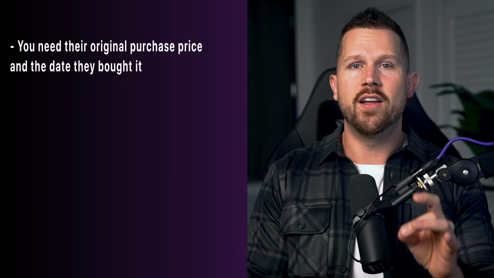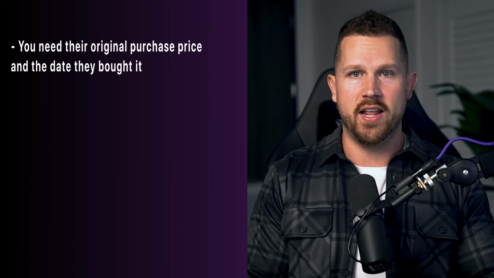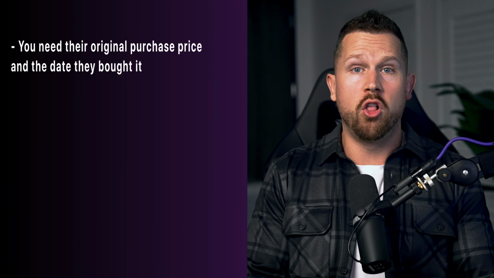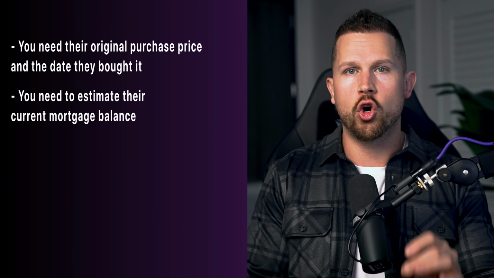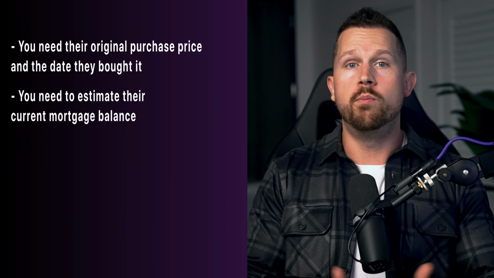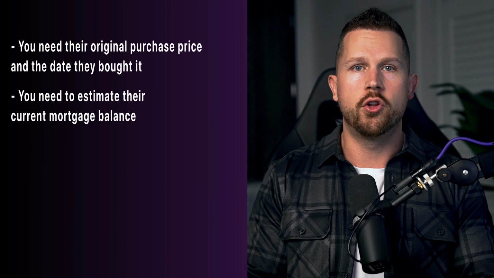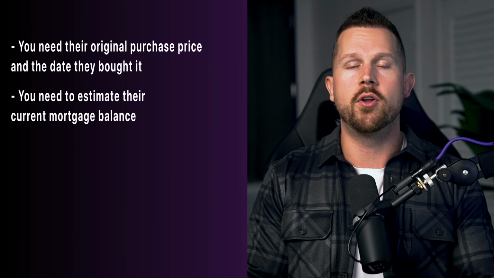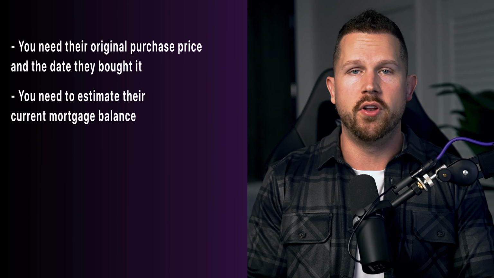And so here's what we're gathering. First, you need their original purchase price and the date they bought it. You already have this from the closing if you worked with them previously. Second, you need to estimate their current mortgage balance. Now, you probably don't have their exact mortgage payoff, which is completely fine. Use a standard 30-year amortization calculator based on when they bought it and their interest rate, and that'll get you close enough.